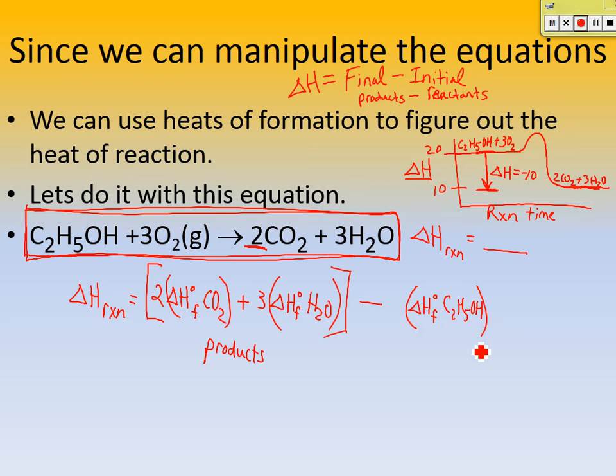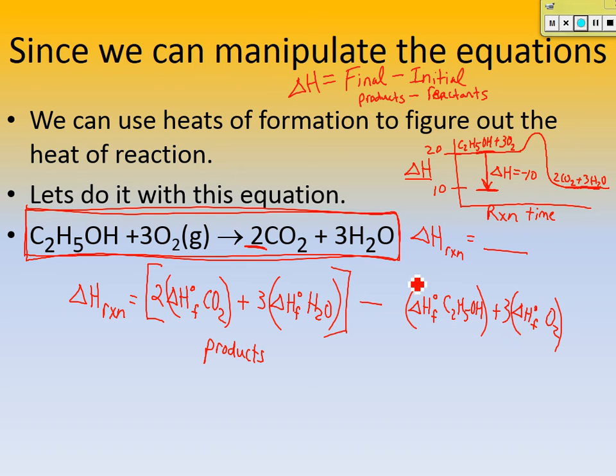But we would have to times that value in your data table by what? By 1. So I'm just going to keep it as a 1 there. And let's add in the standard enthalpy of formation for this substance, which is oxygen. But I would have to times that value by what? By 3 because I have 3 moles, and in the data tables it's just for 1 mole.